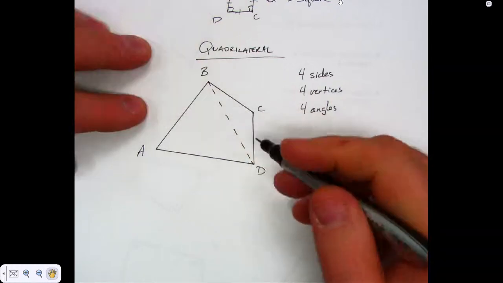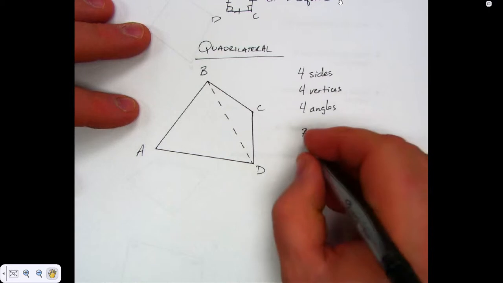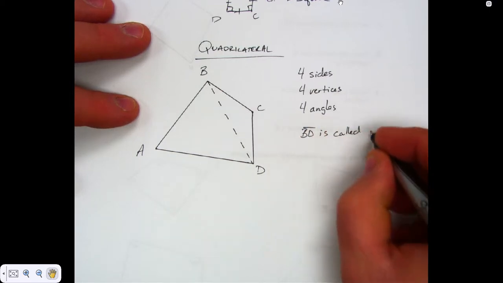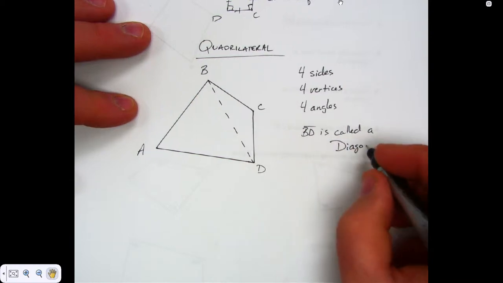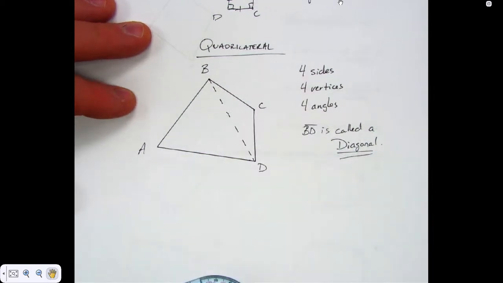Diagonally, right? You know what this is called? A diagonal. Diagonals connect two non-consecutive vertices.